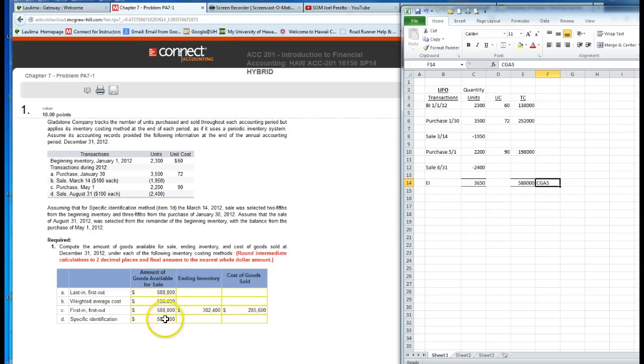And this was the amount of cost of goods available for sale, which is a total of the cost of goods that we did not sell plus the cost of goods that we did sell.